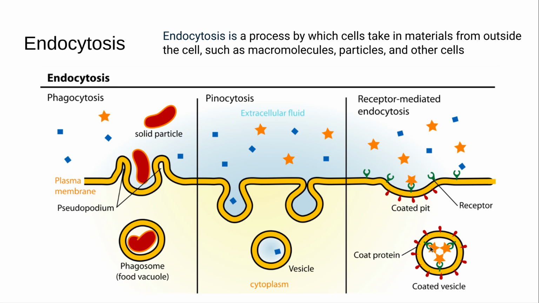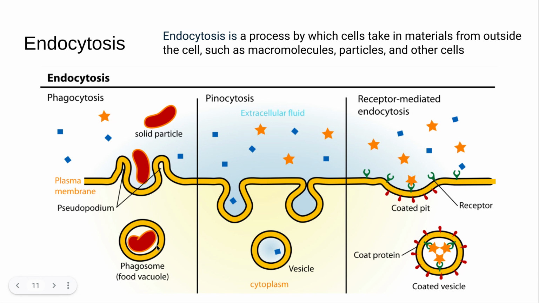Your plasma membrane basically curves around it, creates a little bowl, a space around it, so as to encompass that bacteria, and then it pinches it inward so that that solid particle is now captured within a vesicle.